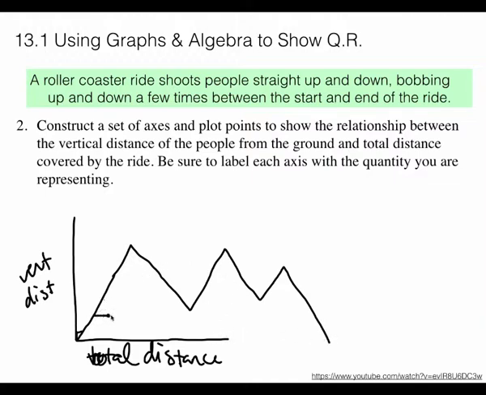The thing that I'm trying to highlight in words is that if there's a change in total distance here of 5, guess what? This was a change in vertical distance of 5. And here, a change in the vertical distance of -3 corresponds to a change in total distance of +3.